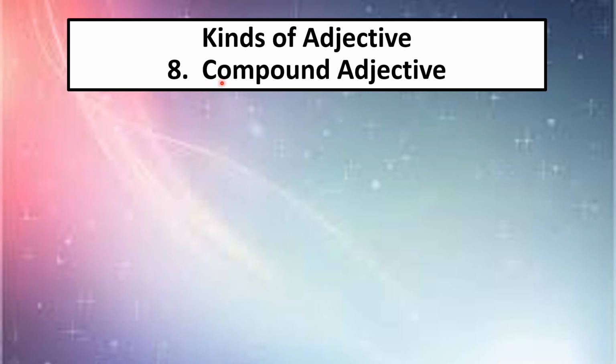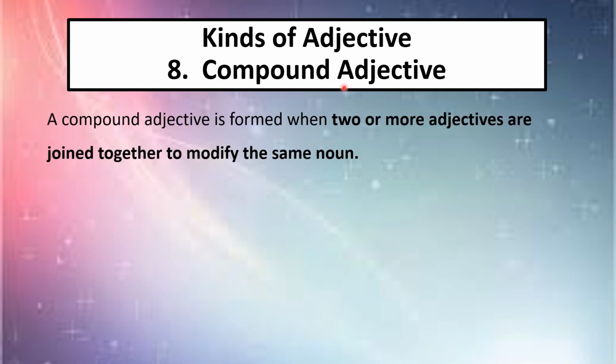Let's talk about the eighth kind of adjective, which is known as compound adjective. As the name shows, a compound adjective is formed when two or more adjectives are joined together to modify the same noun.